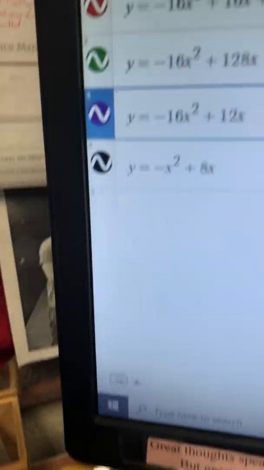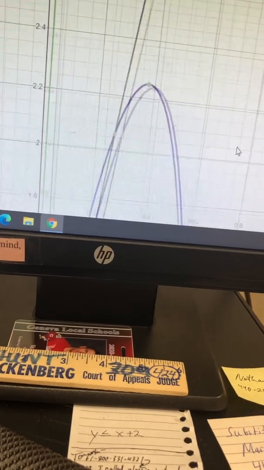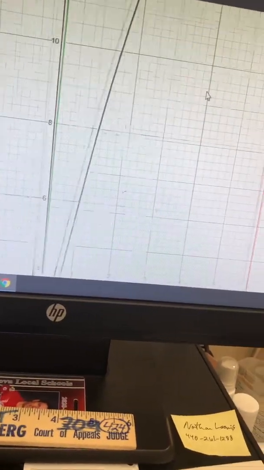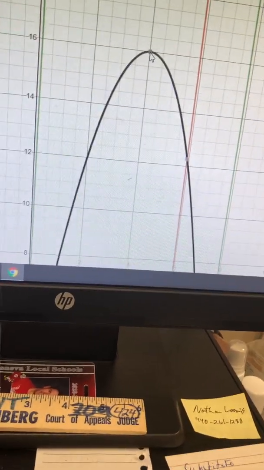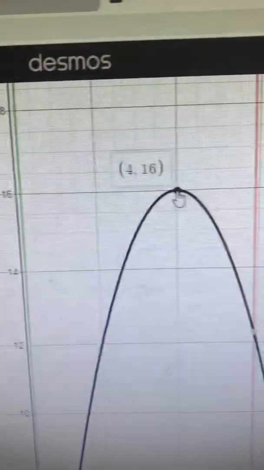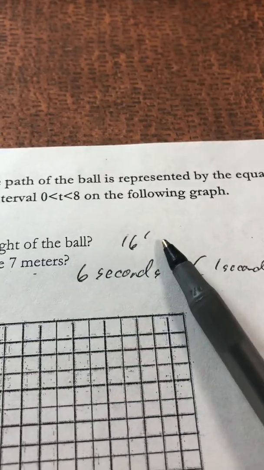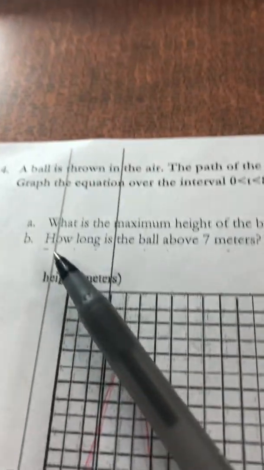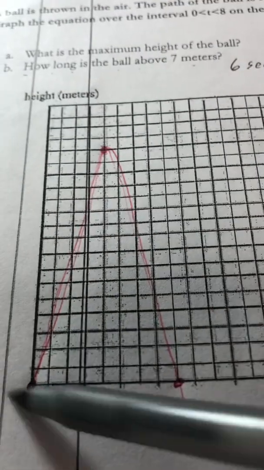This is going to be the black one, and let me back it out so I can find the top of the black one. Okay, right here. The very, very top you see is at 16. So the maximum height of the ball is 16. It took 4 seconds to get there. How long will the ball be above 7 meters? And then it asks you to graph it.